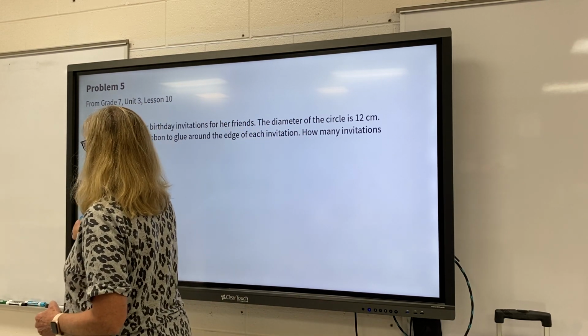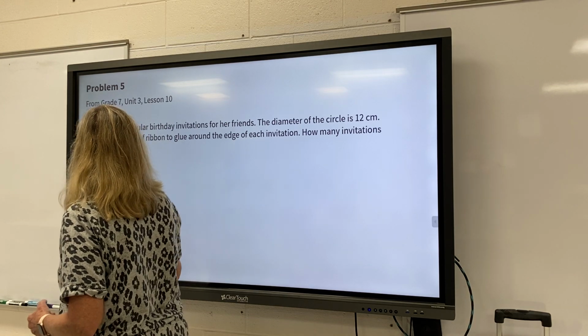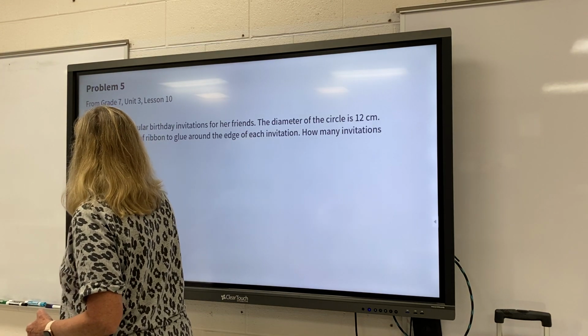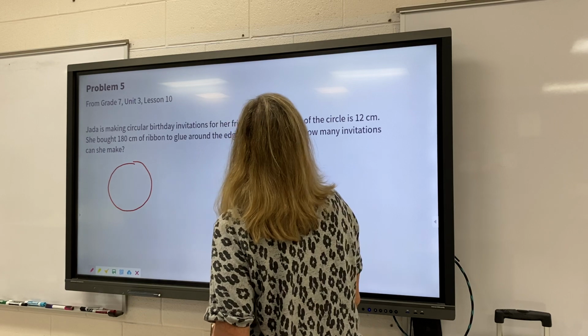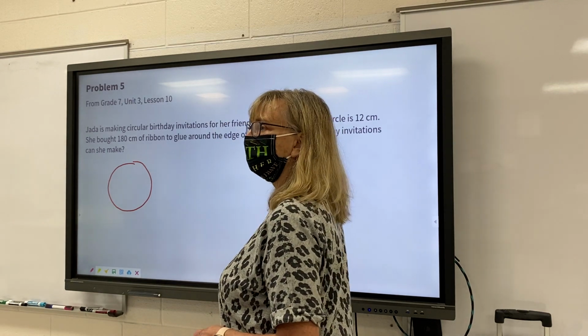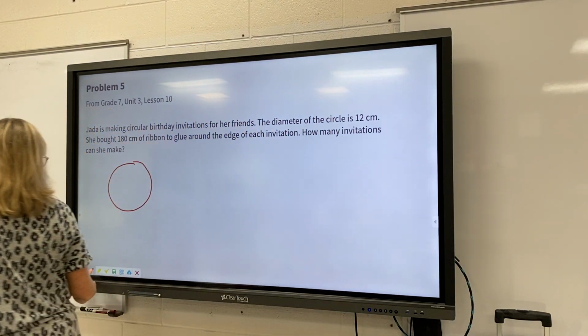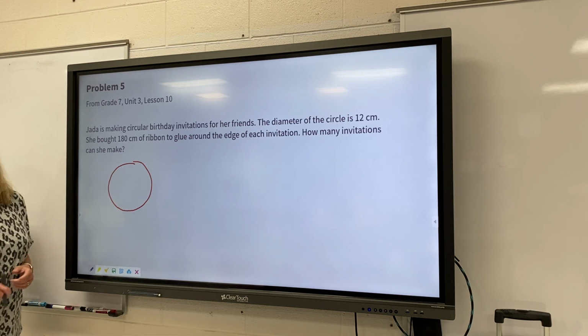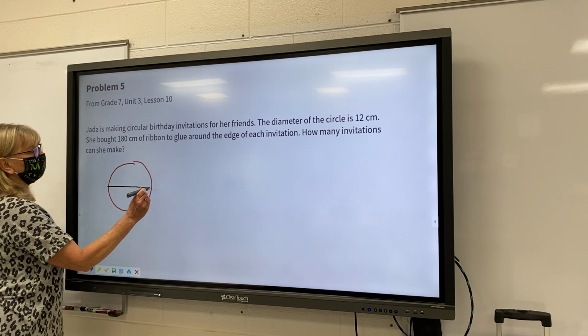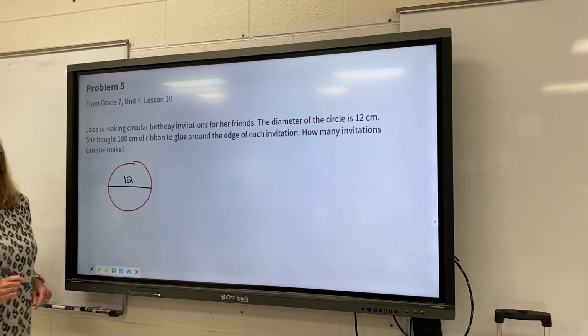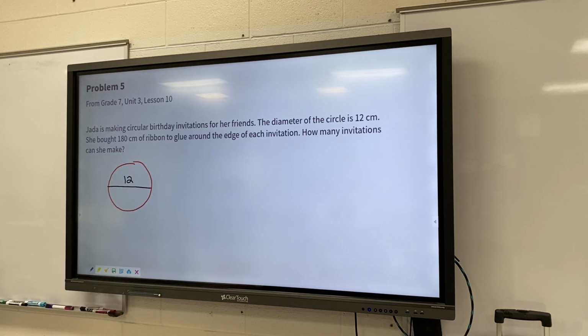Why? Because it helps me organize my information. The diameter of the circle is 12 centimeters. Where does diameter go? Through the middle all the way, right? Okay. So I draw that on there.